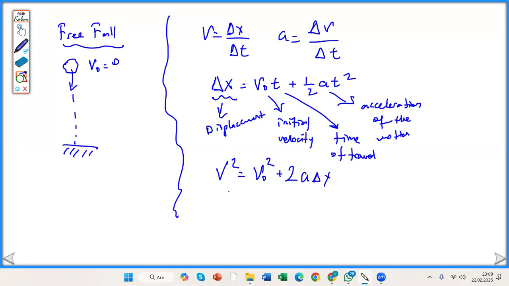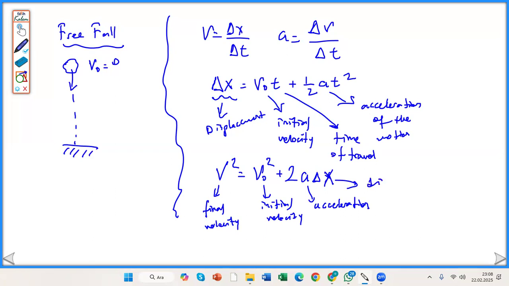Here V is the final velocity, V0 is the initial velocity, a is acceleration once again, and delta x here is also displacement.